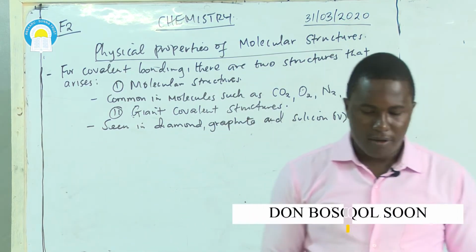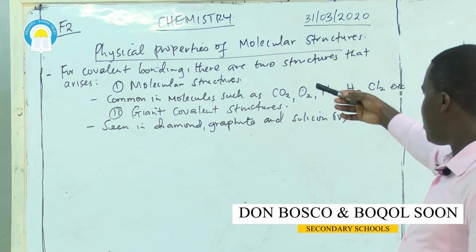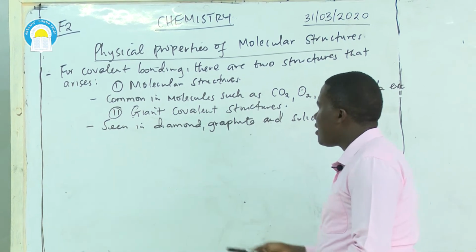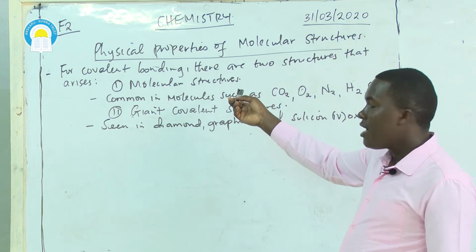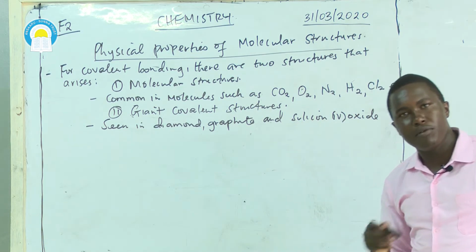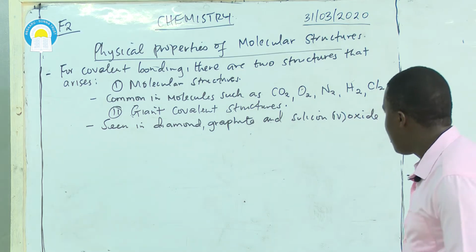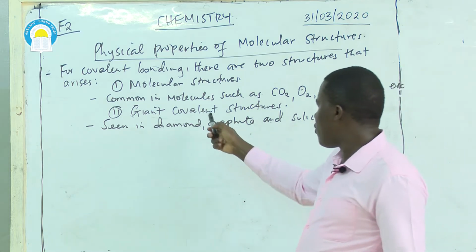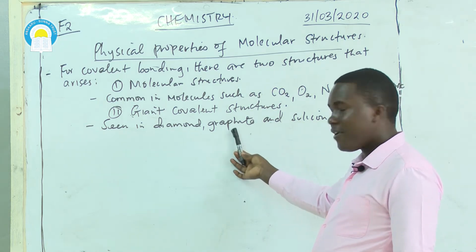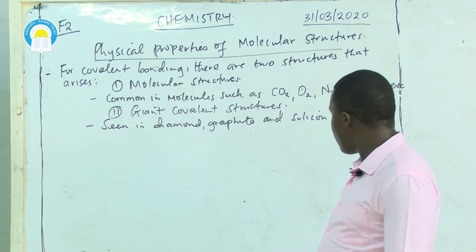So when you look at these two categories, when covalent bonding takes place, you can end up with molecular structures, which is common in molecules, which we have also drawn some of their structures. Then we have giant covalent structures, which are seen in diamond, graphite, and silicon 4 oxide.